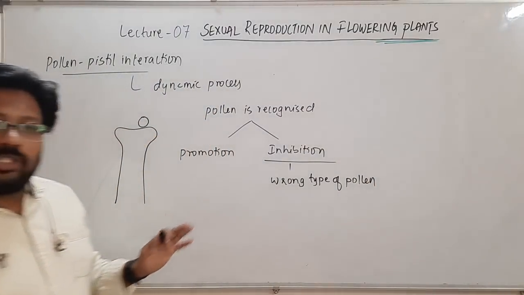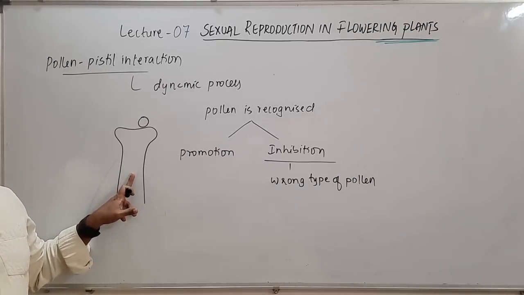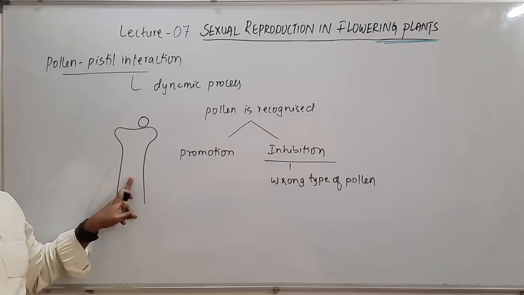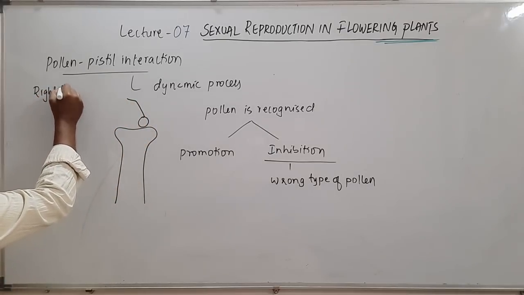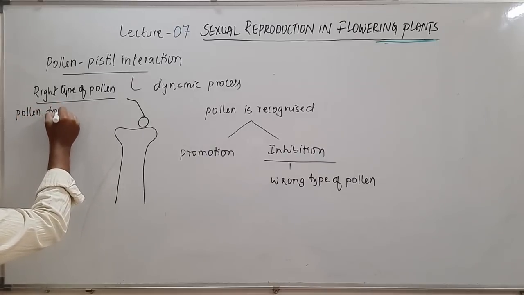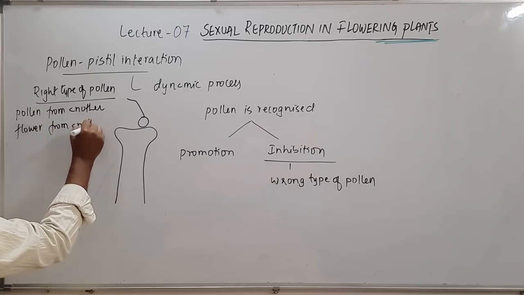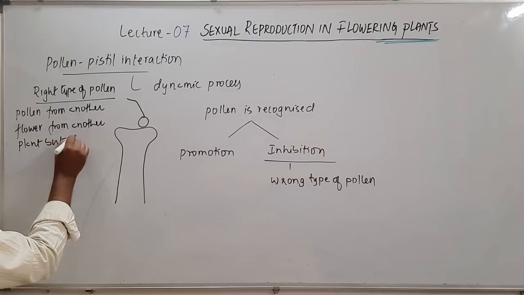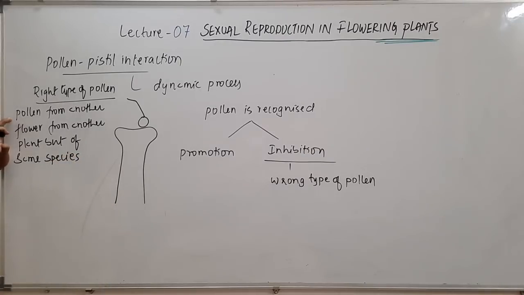I told that mostly plants will go for cross pollination, and they like to accept the pollen coming from a different plant but belonging to the same species. So this is the right type of pollen, which means a pollen from another flower, from another plant, but of the same species.